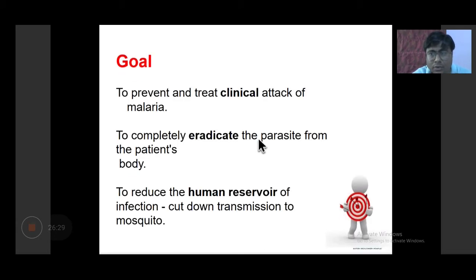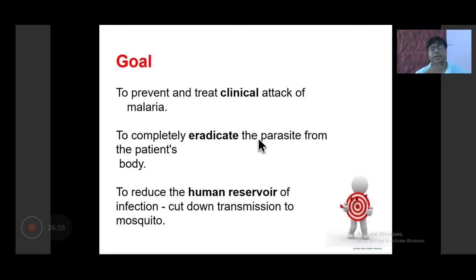Now, what is the goal? So far we have gone through all the targets and the names of the drugs. But what is the goal of treatment? So the goal is to prevent and treat clinical attack of malaria. First thing is prevention, which is not very effective, because you cannot prevent every population moving from here and there.